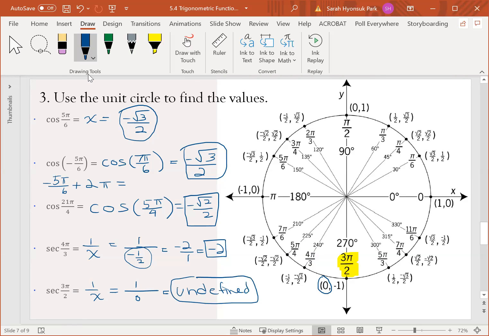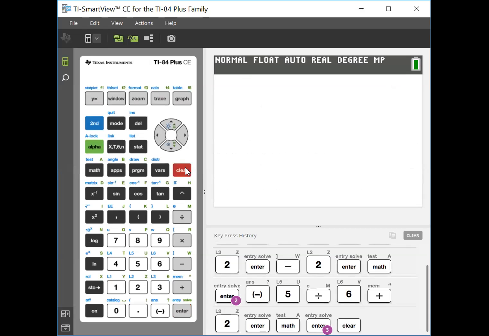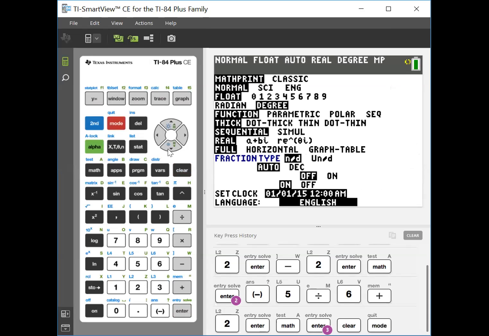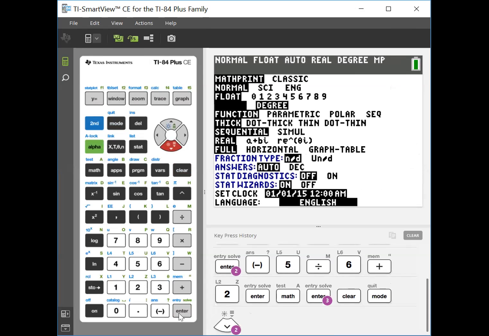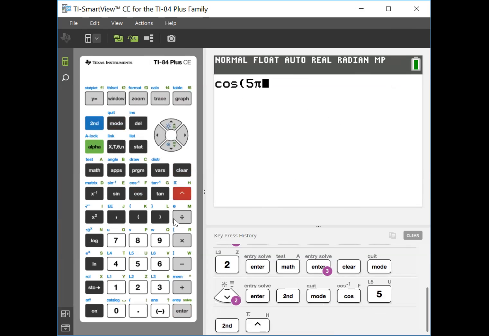You may wonder, can we do these on a calculator? I mean, you certainly can. Let me show you, though, that the graphing calculator won't give you an exact answer. Let's take the first example of cosine. Let's go to mode, make sure we're in radian mode because we're dealing with pi. So something like cosine of 5 pi over 6.